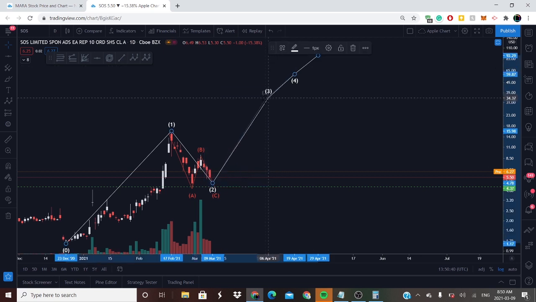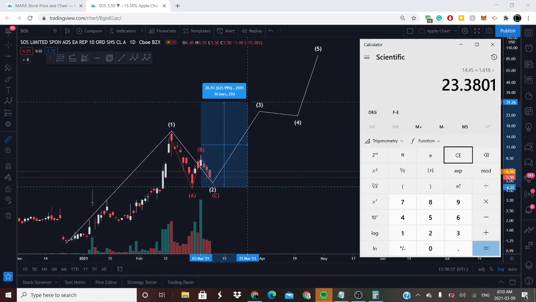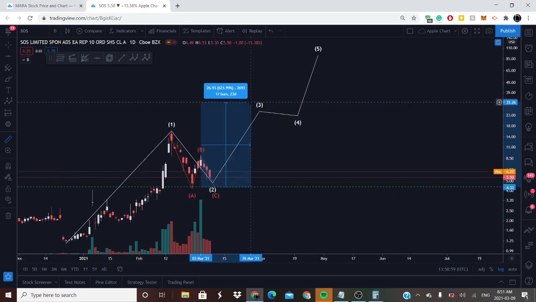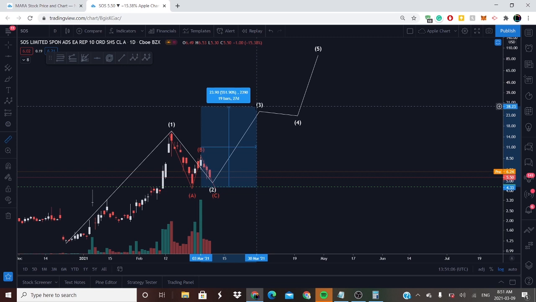So that gives us a price target of 28. I previously had 25 because I already know that's a strong psychological resistance point for a lot of stocks. So I can get the exact price target again, 23.801. Okay, whatever. It's $28.